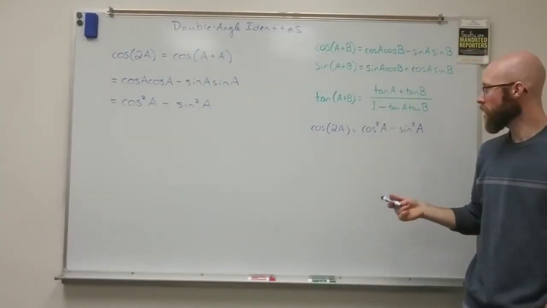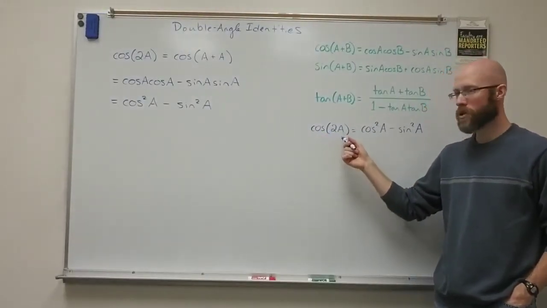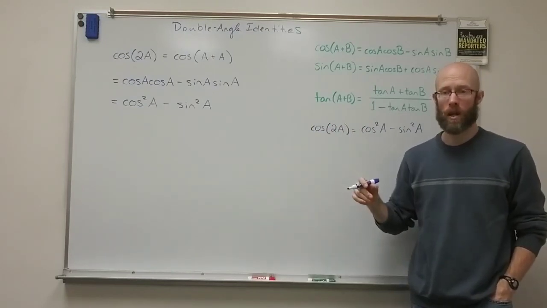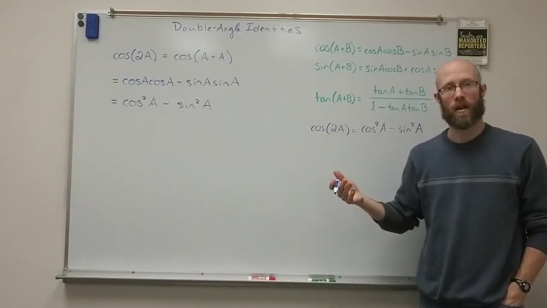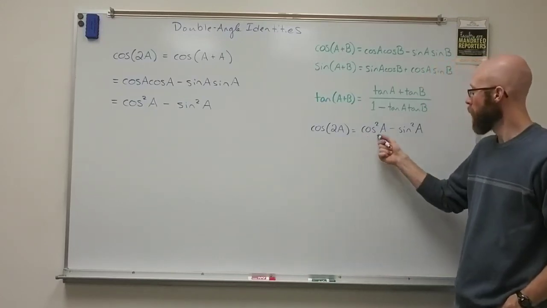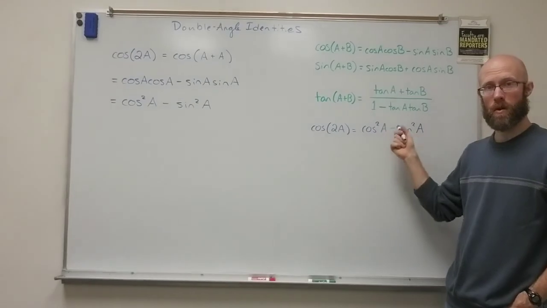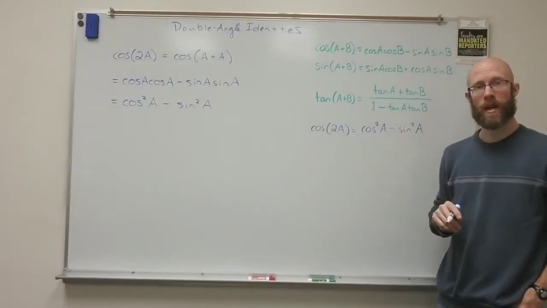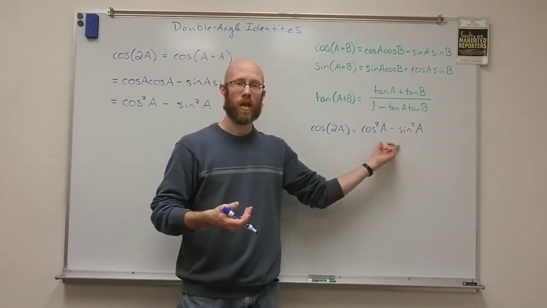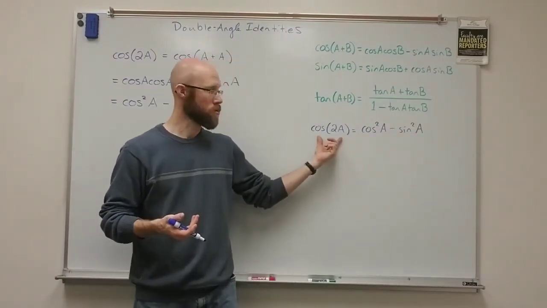And so now anytime you see the cosine of 2a show up in a proof or in an evaluation of a trig identity or a trig value, we can always replace it with cosine squared of a minus sine squared of a. And so if we know the cosine squared and the sine squared, we can use this formula to calculate the cosine of 2a, right?